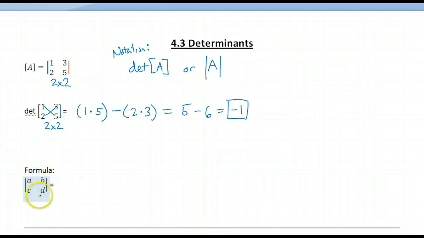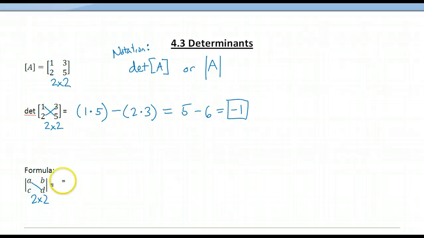The formula for a 2 by 2 matrix. If I just have a matrix A, B, C, D, and these symbols mean determinant, if I were to take the determinant of this matrix, I'd end up with the formula for a 2 by 2 matrix.